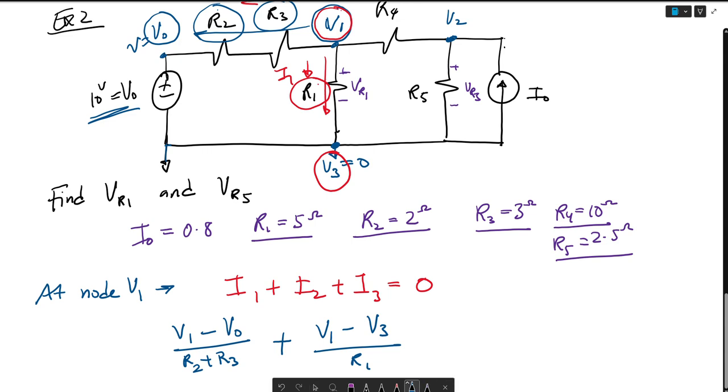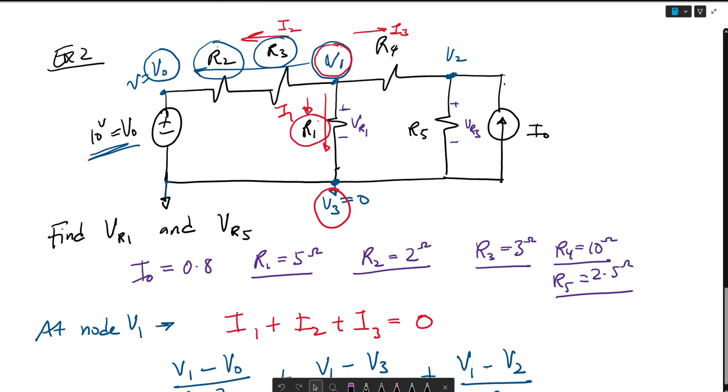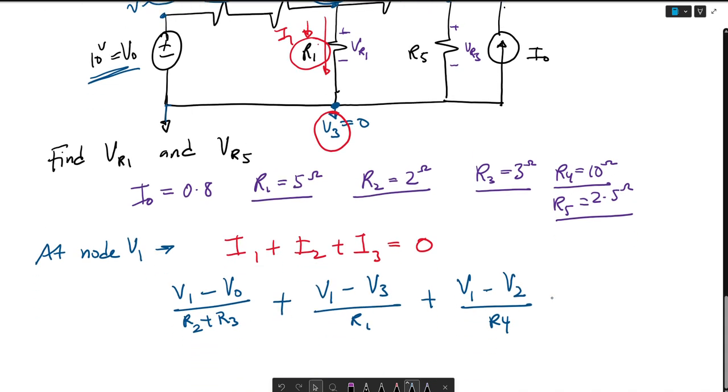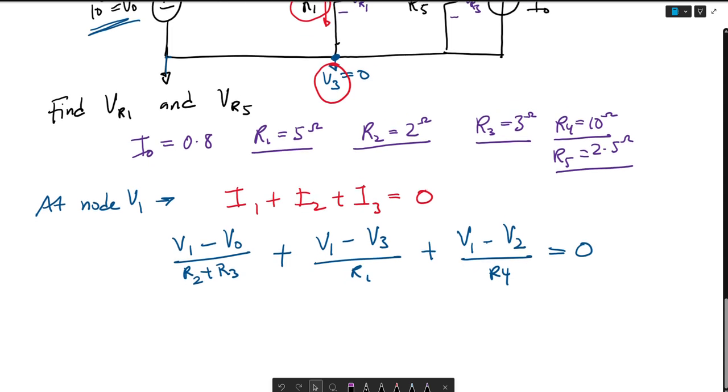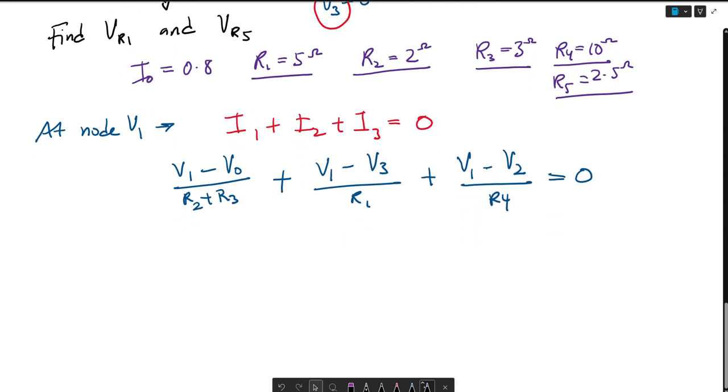And then we add V1 minus V2 over R4, which is my last current. And this is equal to 0. So that's equation 1.